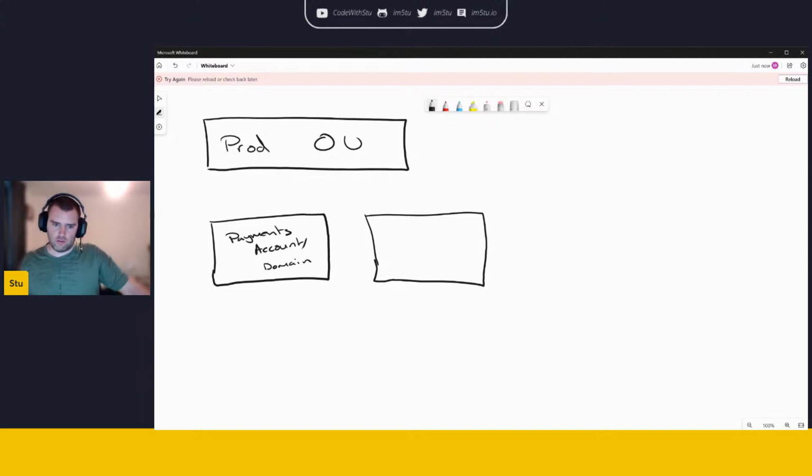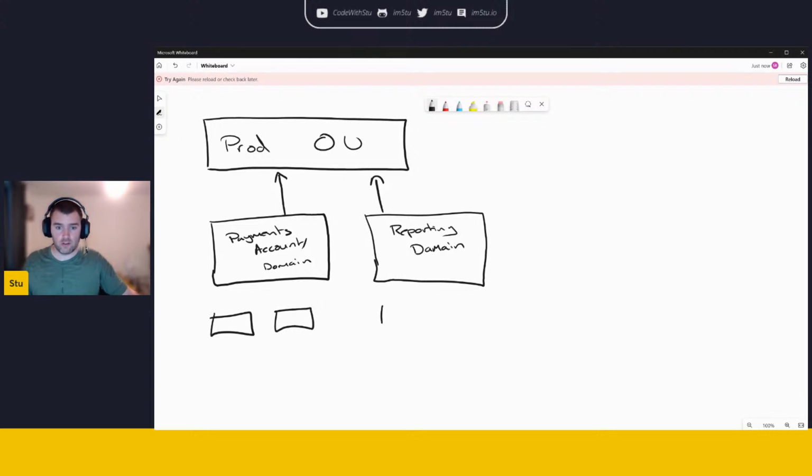And this one we'll call the reporting domain. Now, depending on the structure of how the company's laid out depends on what these boxes are, obviously, but we will have both of these put under our production OU. And each one of these may have one or more VPCs, depending on the structure of the team.